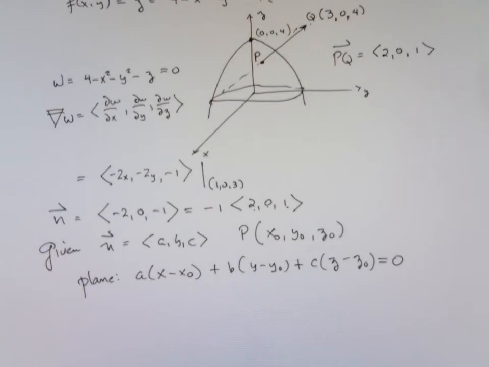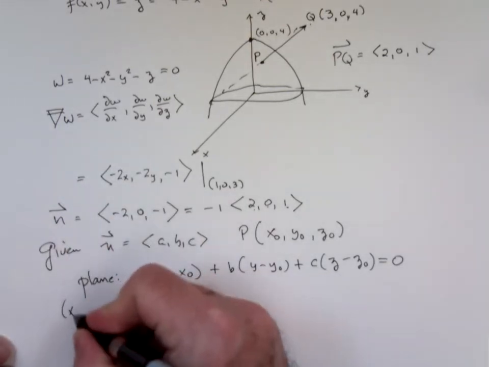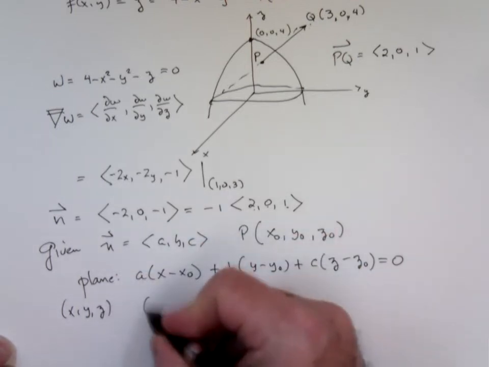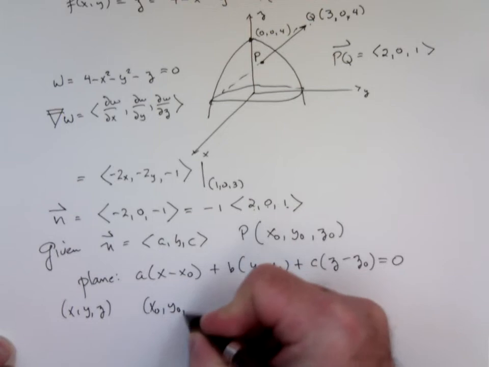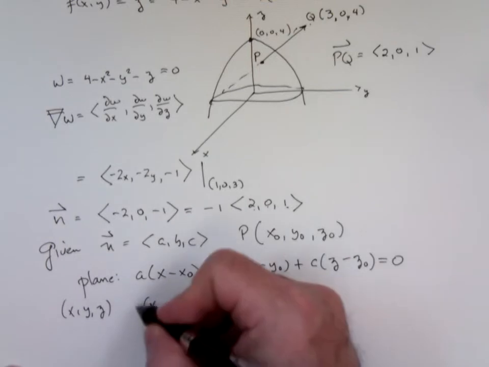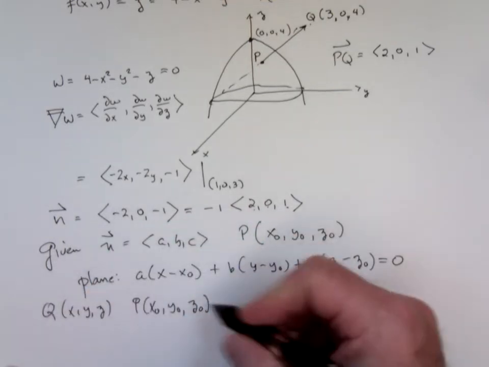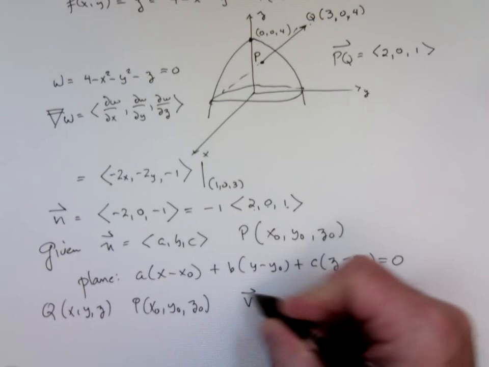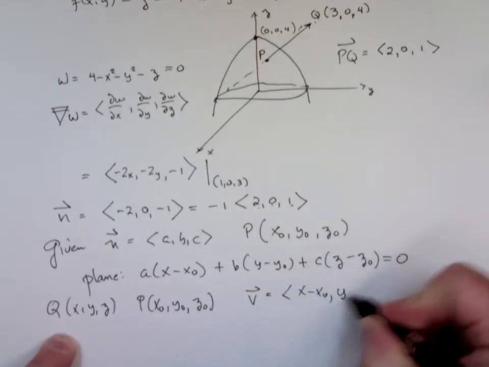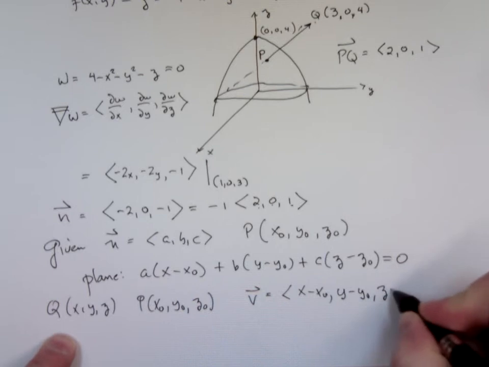Well, if that's going to be the case, if we have some point x, y, z, and we have our point x sub naught, y sub naught, z sub naught, let's find the vector through these 2 points. Let's call this P, this is Q. The vector through those 2 points is going to be x minus x sub naught, y minus y sub naught, z minus z sub naught.